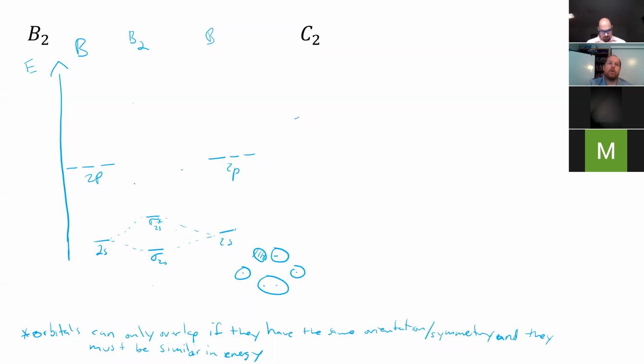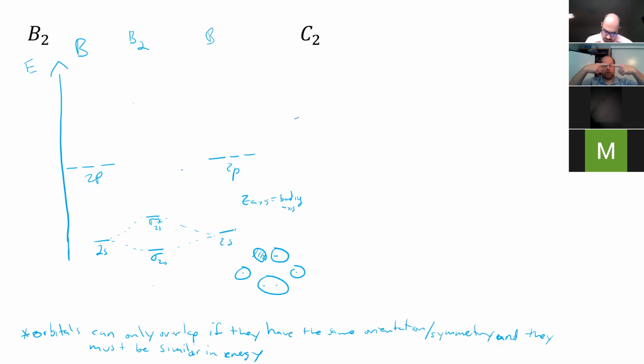Now for boron, carbon, and nitrogen, we're going to have a special case when you look at the p orbitals that overlap. You have the px, the py, and the pz, and we're going to call the z-axis our bonding axis. With that bonding axis, the pz orbitals overlap, versus the px and py.